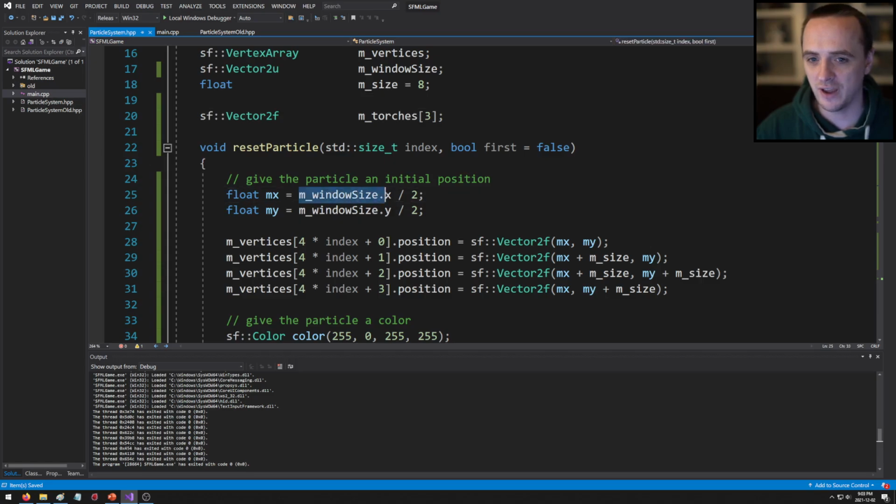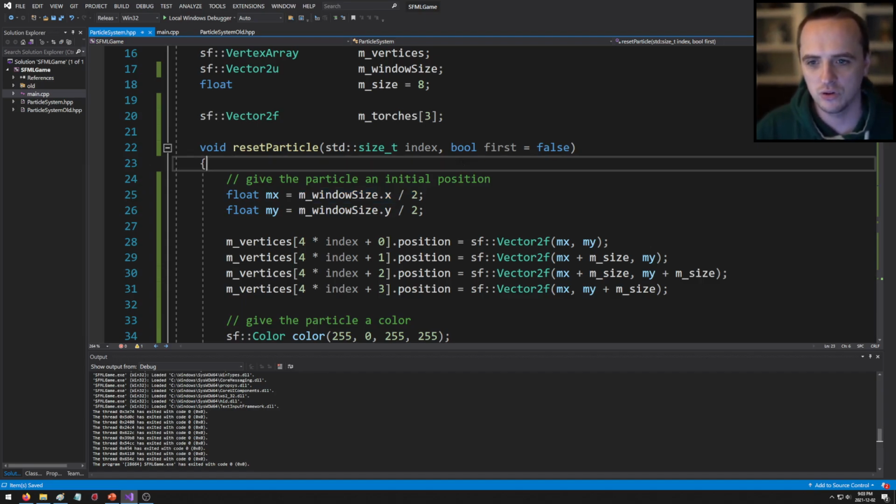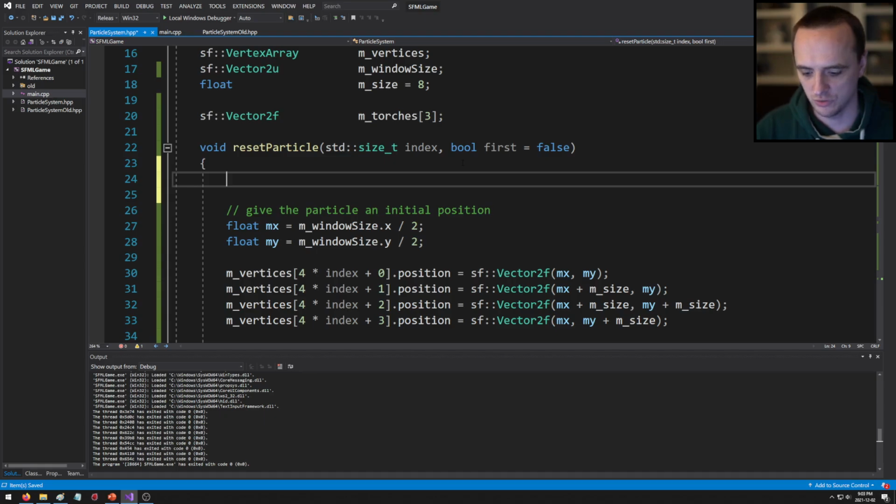And then instead of m window size.x, you would say, okay, well, you have the actual, so what would you do? You'd say float mx equals m particles dot torch, or m particles index dot torch index. That's the index of the torch.